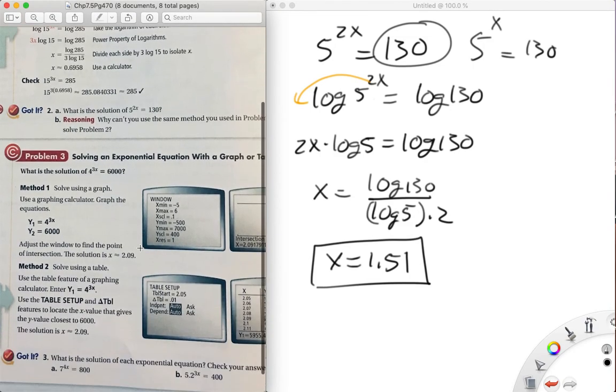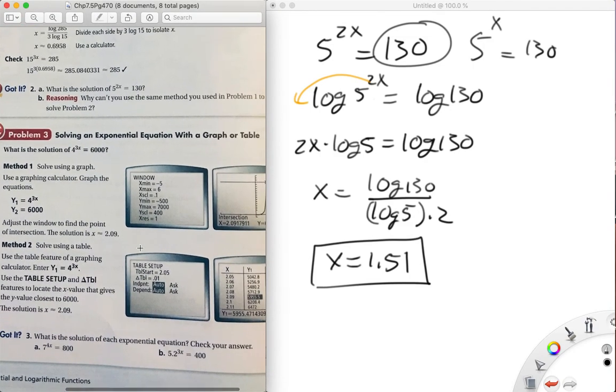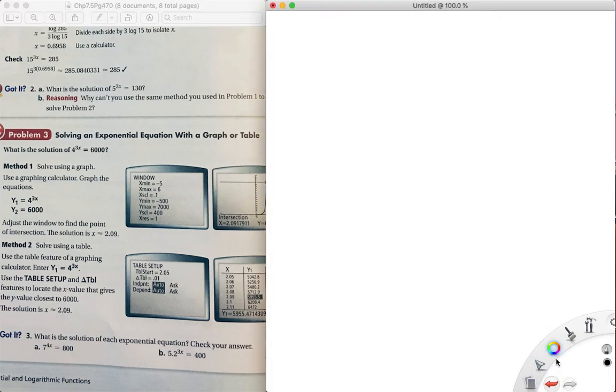We can also solve these things by graphing. They have method 1 and method 2. I'm not going to even look at method 2. I'm going to look at method 1.